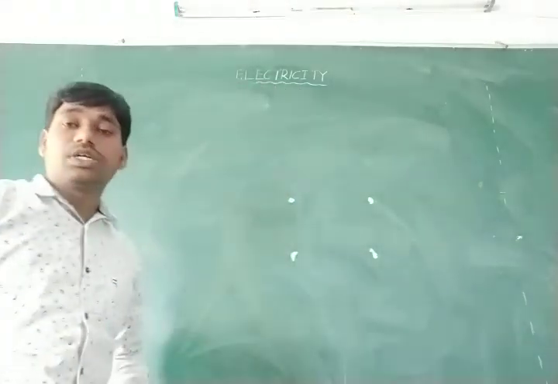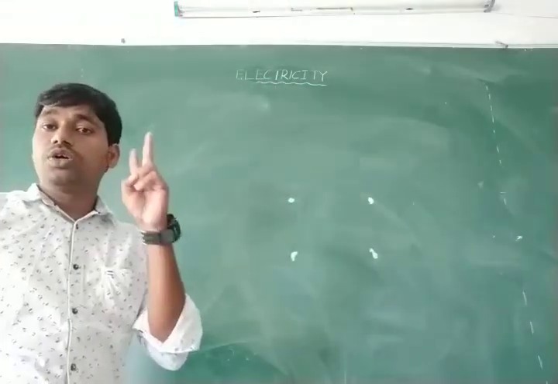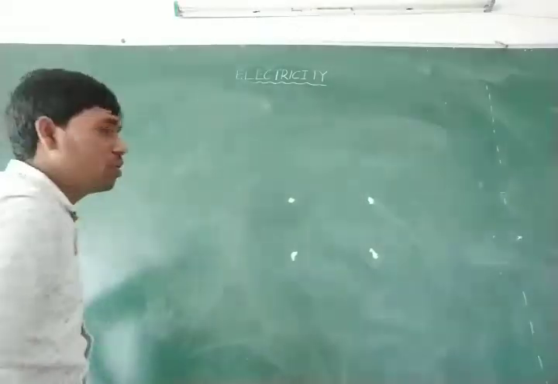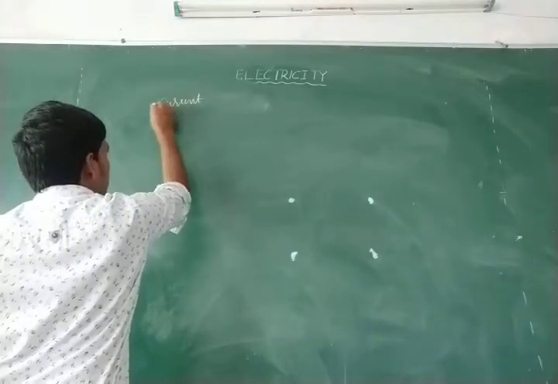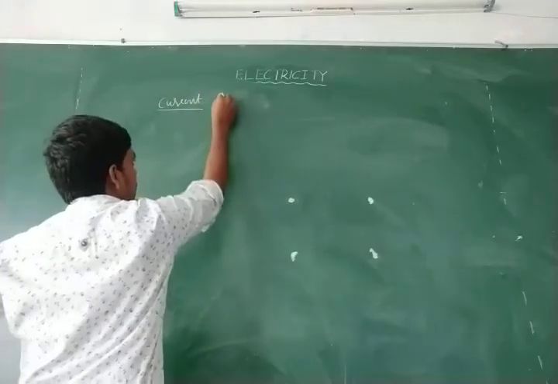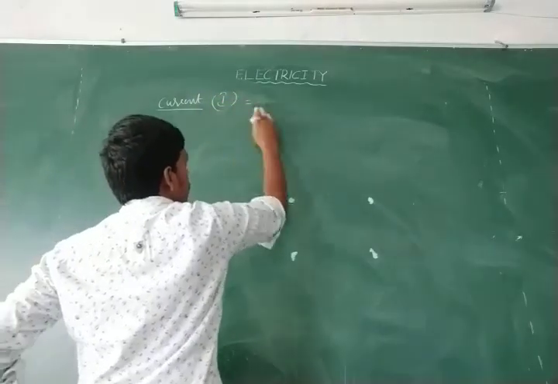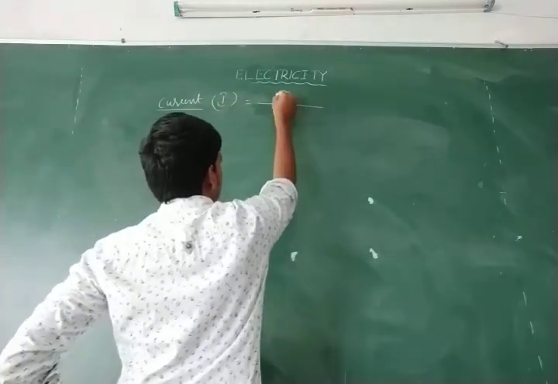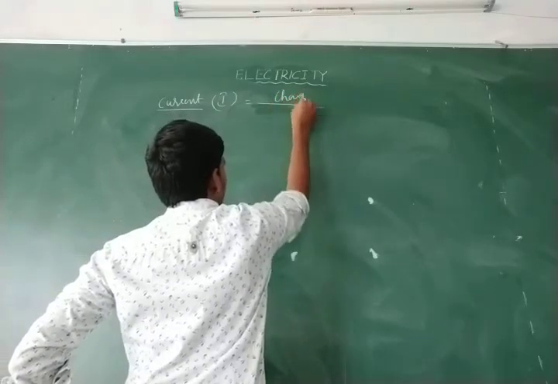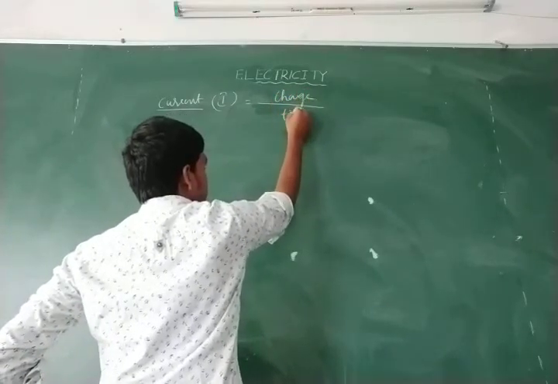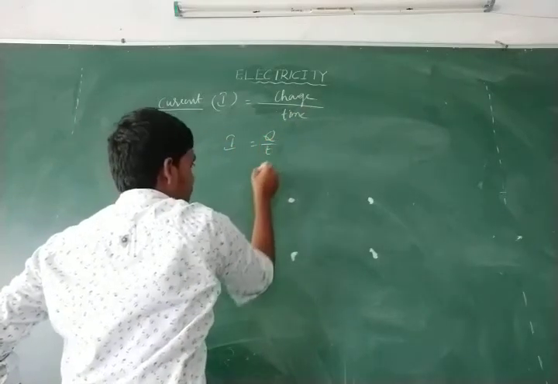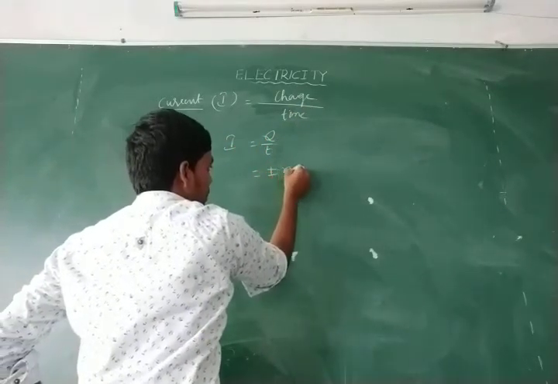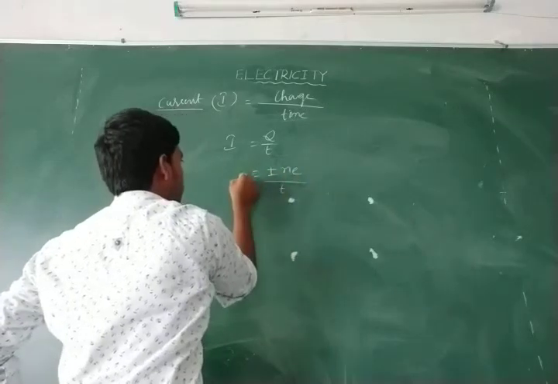Listen, my dear students, till now we discussed mainly two concepts. One is current, that is I is equal to charge per time, that is, I is equal to Q by T, or plus or minus NE upon T, we can also write.